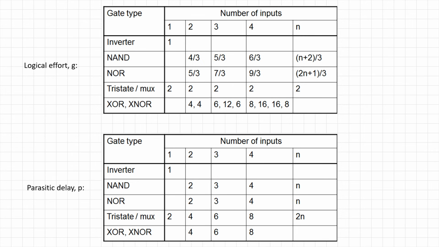They show the logical efforts and parasitic efforts for a variety of common logic gates, NANDs and NORs and so on, for various numbers of inputs, including a general number of inputs n. All of these you should be able to derive with the techniques we learned already in this lecture. But sometimes you have a big complicated logic circuit and you don't want to have to rederive everything, so these tables can be useful as a future reference.